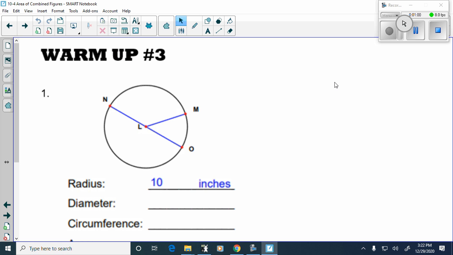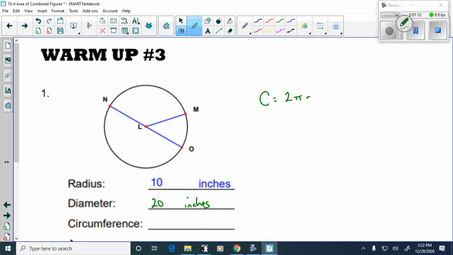We start out here with a circle. So if the radius is 10 inches, then the diameter is 20 inches. The circumference, you may recall, is 2 pi r. So it's 2 times 3.14 times 10. And that works out to be 62.8 inches.